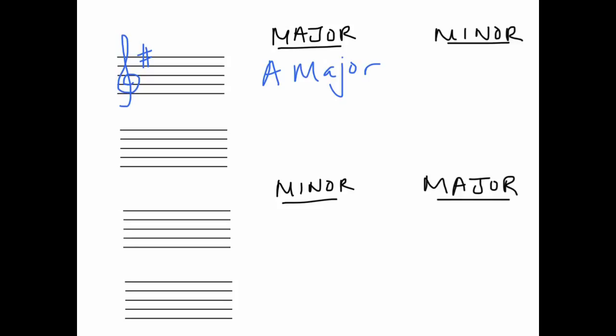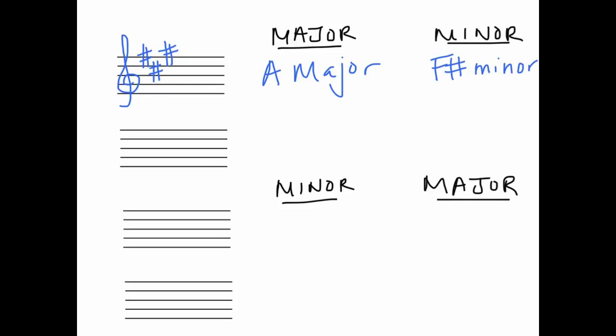Father Charles goes: F sharp, C sharp, and G sharp. Now let's go back 2 notes from A in A major. So that brings us to G sharp and F sharp. So our answer is F sharp minor.